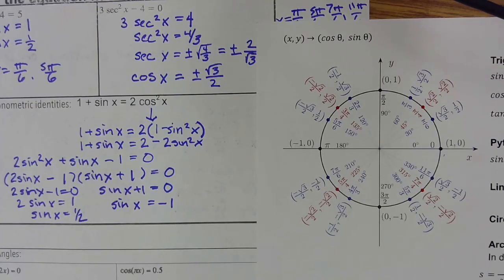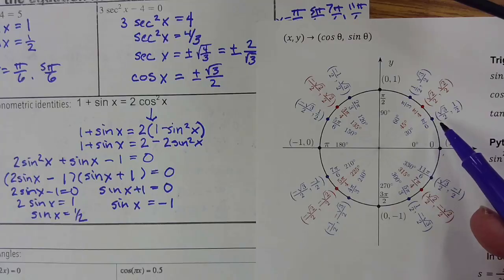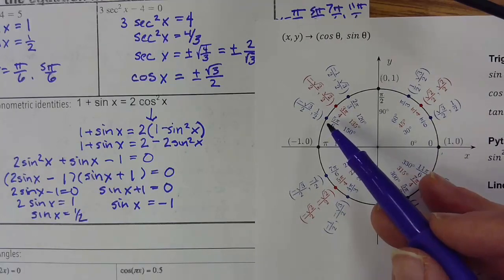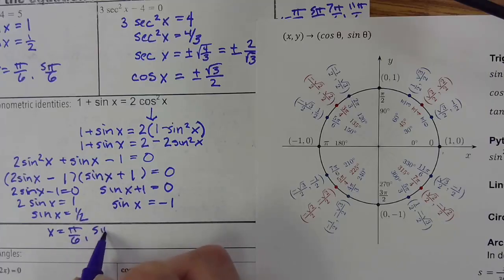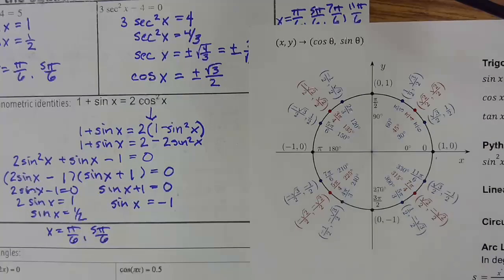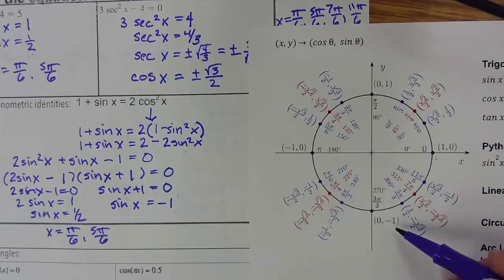Where is sine 1/2? Actually, I think we talked about that one above. Sine is 1/2 at pi over 6 and 5 pi over 6. Where is sine negative 1? Sine is your second coordinate, and it is negative 1 down at 3 pi over 2.